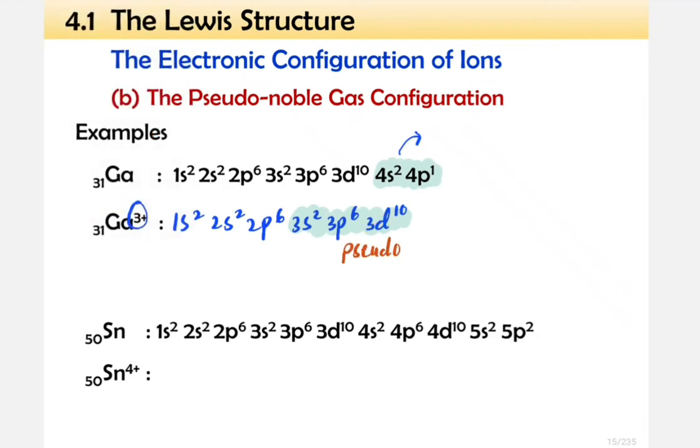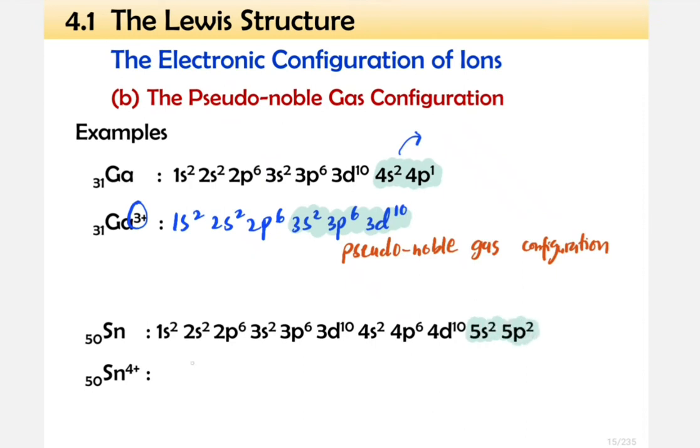Macam noble gas tapi bukan, seolah-olah lah. Jadi kat sini barulah kita faham, oh sebab tu gallium paling stabil, the ion is 3+. Contoh yang seterusnya Sn, stannum. Sama juga, kenapa paling stable untuk Sn dia 4+, it will remove these 4 electrons.